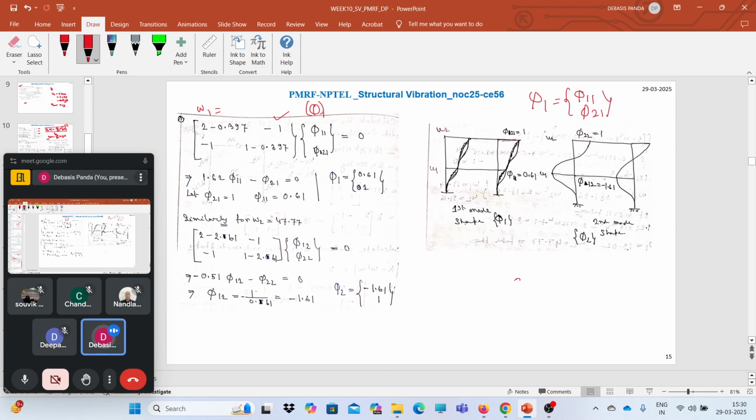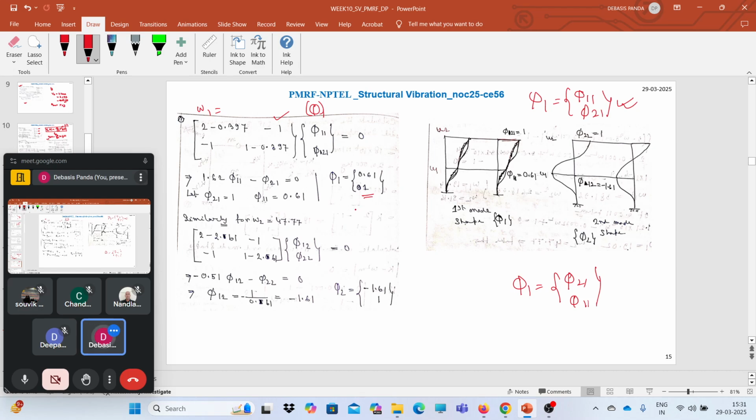Or we can write it like this: phi 2 1 for the top story, and phi 1 1 for the second story. You can use this to maintain consistency, right? Finally we have two equations. Now we need to normalize to 1.